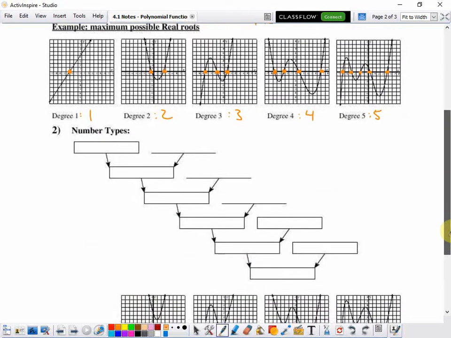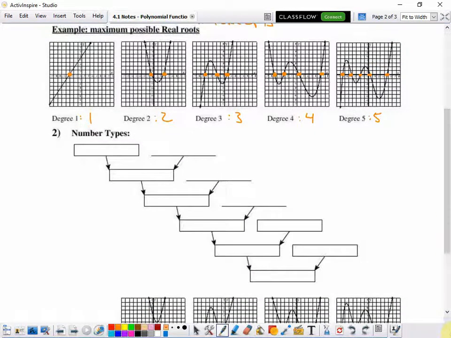Now, we're going to talk about real and imaginary numbers. So let's go back and talk about our number system and the different types of numbers we have. The counting numbers, 1, 2, 3, and so on, those are called the natural numbers. It's just the numbers that we normally count with.